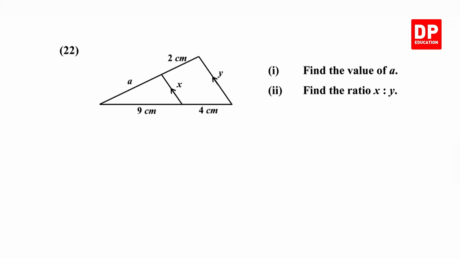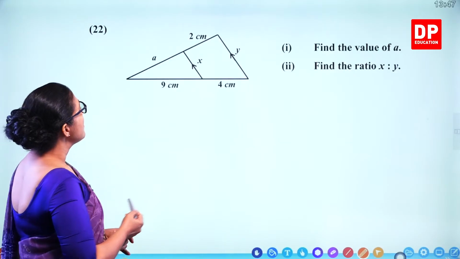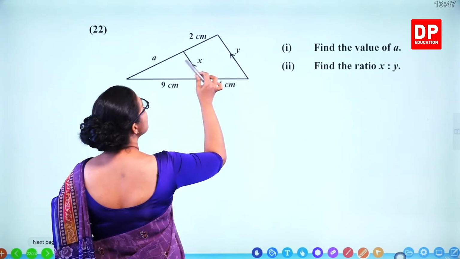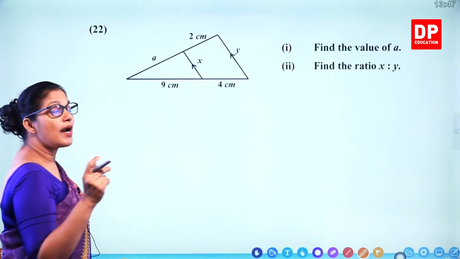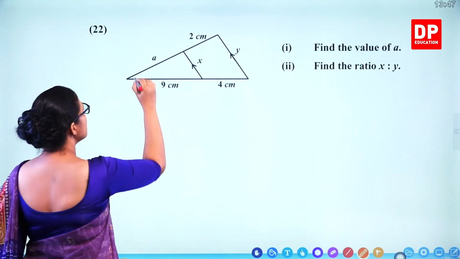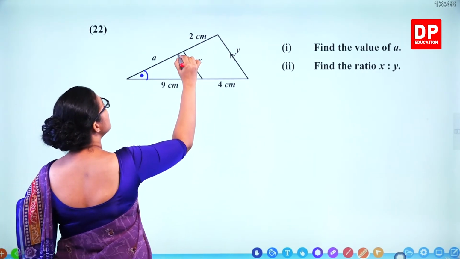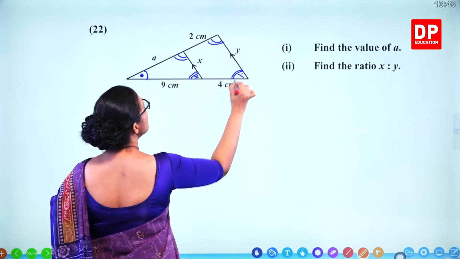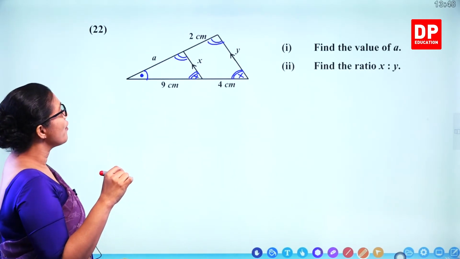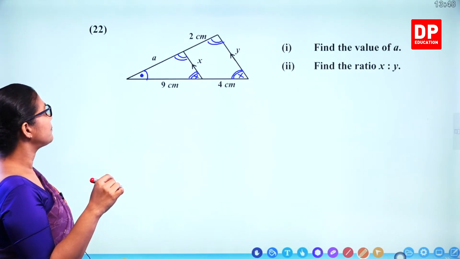Question number 22. Find the value of A. Now these two lines are parallel, means these two, the smaller one to the bigger one, are equiangular triangles, because this is common. This angle is equal to this angle. This angle is equal to this angle. Corresponding angles are equal.